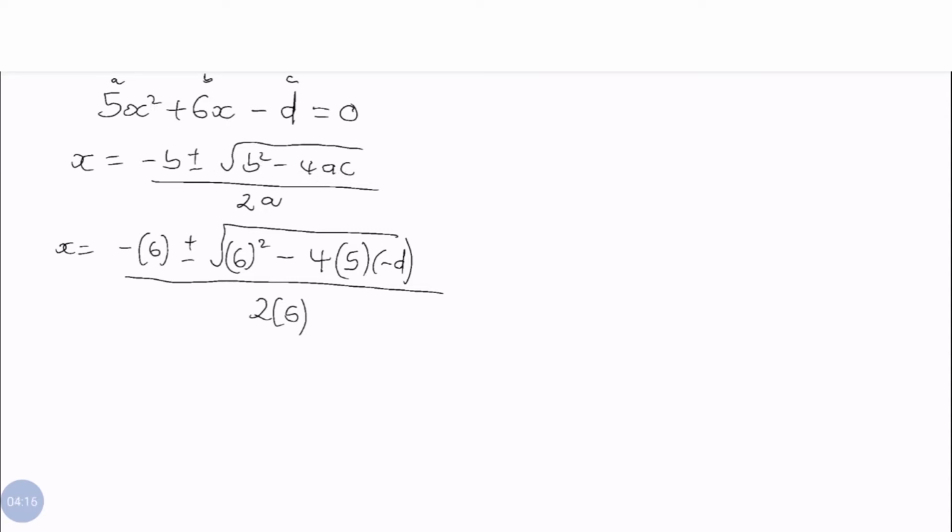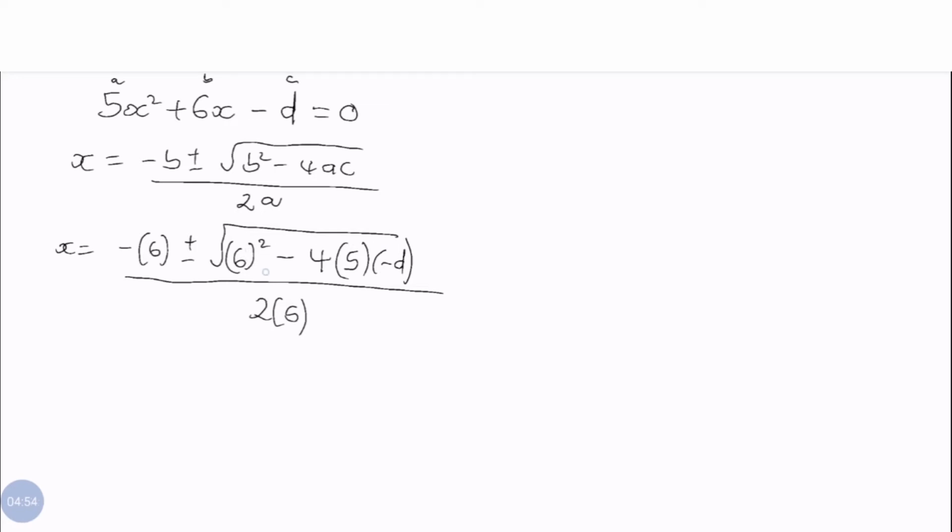In this case, we're told that this trinomial has equal roots. So when a trinomial has equal roots, its b squared minus 4ac is always equal to 0. Our b squared minus 4ac is represented by 6 squared minus 4 times 5 times negative d.